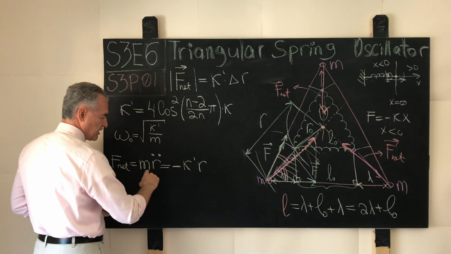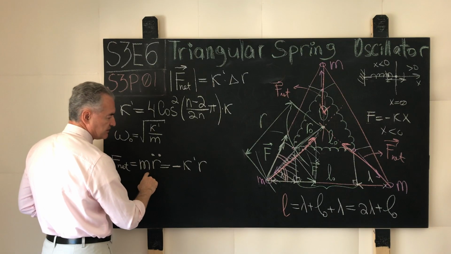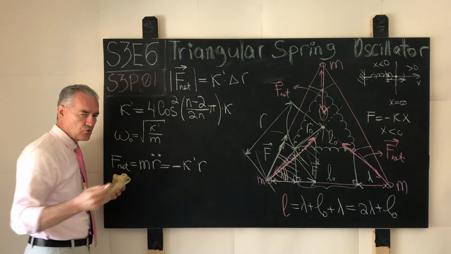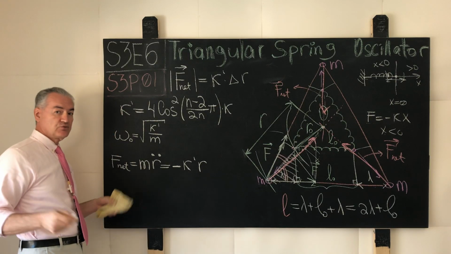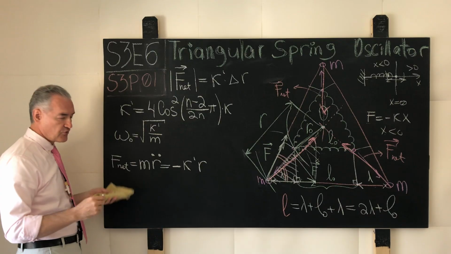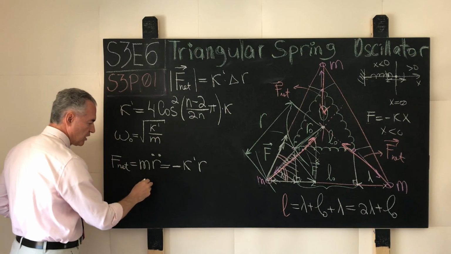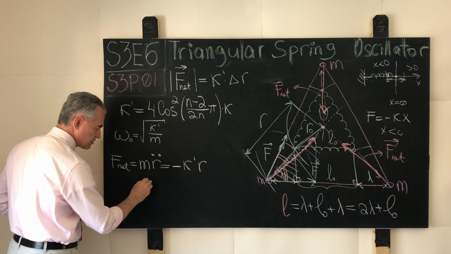If we divide both sides by m, which is not 0, and move this term over here, again, different teachers in different countries may prefer one shape to another. It doesn't really matter. In one way, we can leave this equation like so.